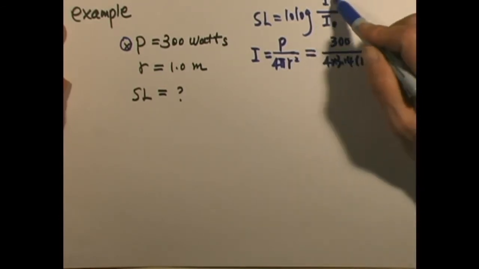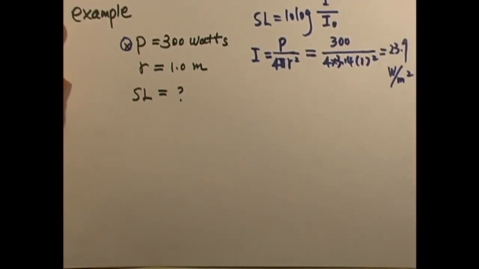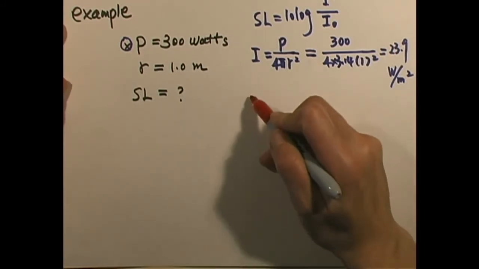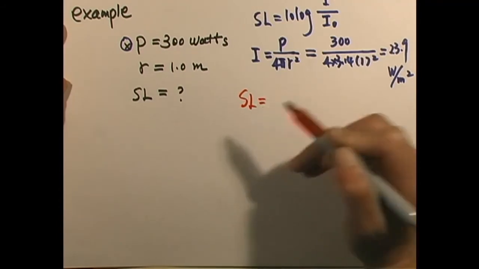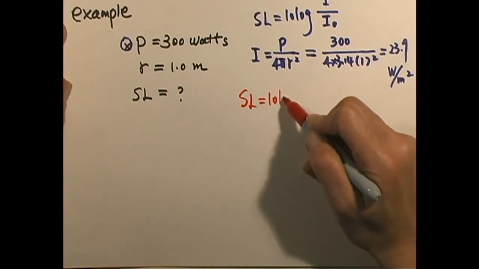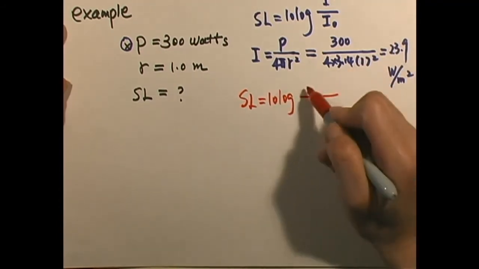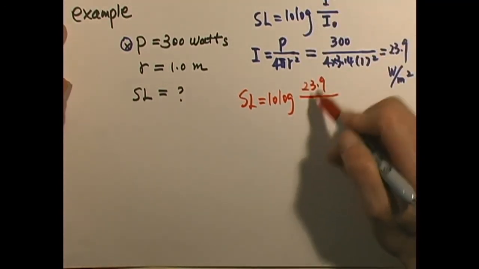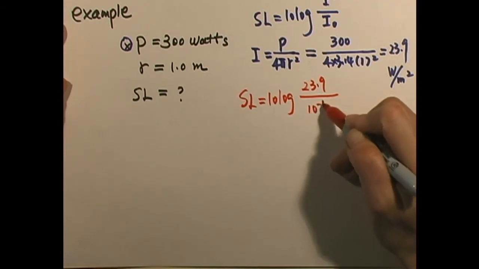Now once we obtain the intensity, we can easily calculate the sound level. That is, the sound level in this case is 10 log of 23.9 as the intensity divided by the reference intensity, 10 to the negative 12.